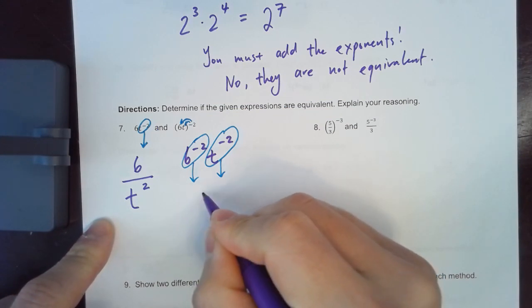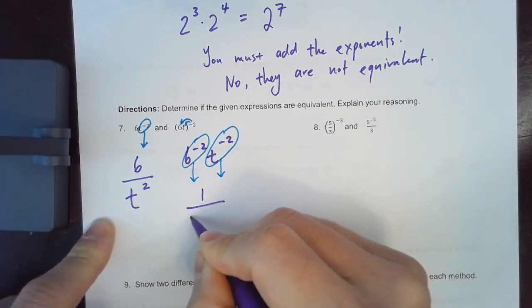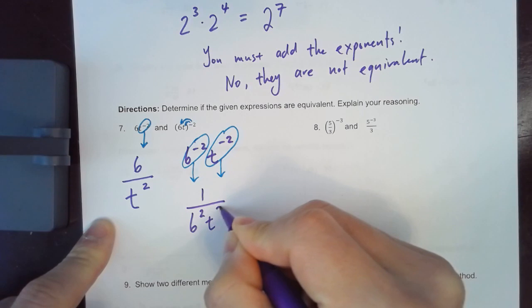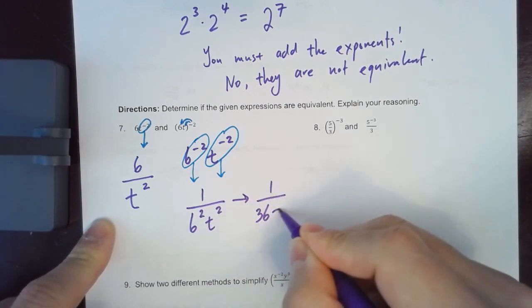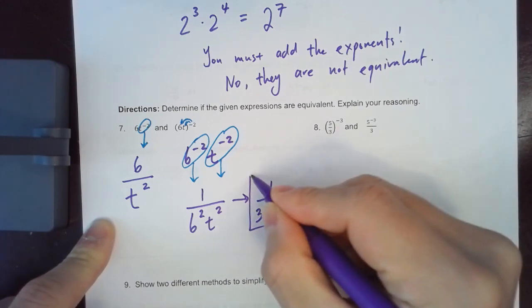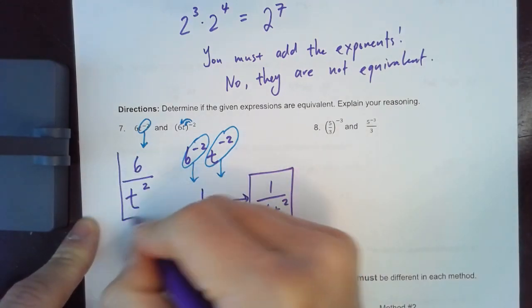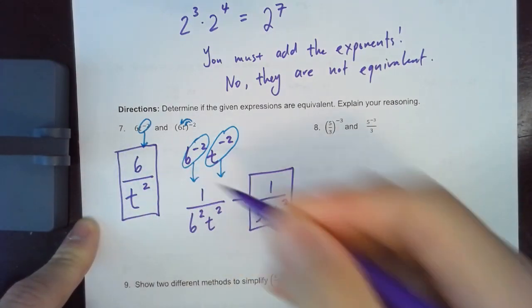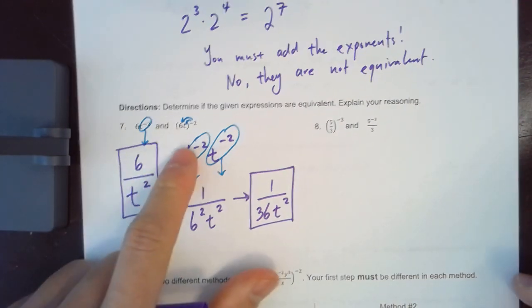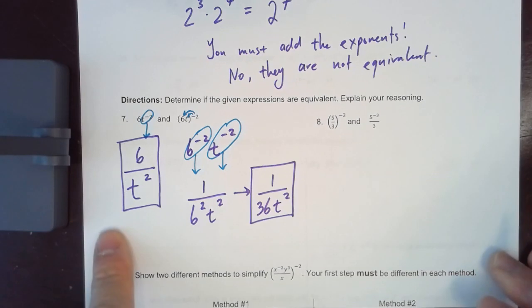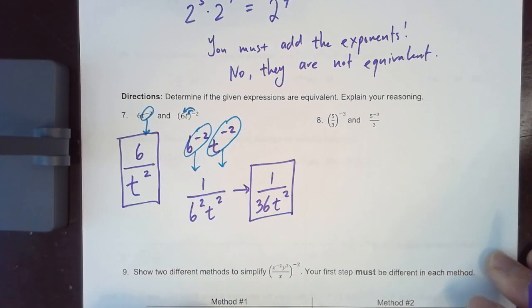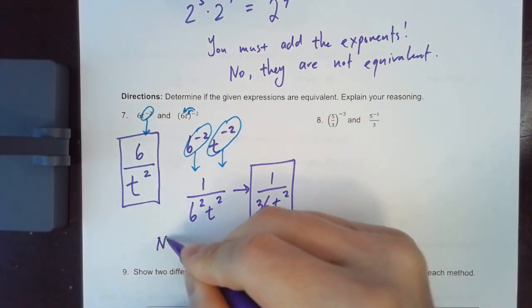And this becomes 1 over 6 squared t squared, which we still have to simplify to 1 over 36 t squared. So you can see that even though they look very, very similar from the start, that parentheses really, really dictated the difference between how we distributed the power. Okay, so no. The answer here is no, right?